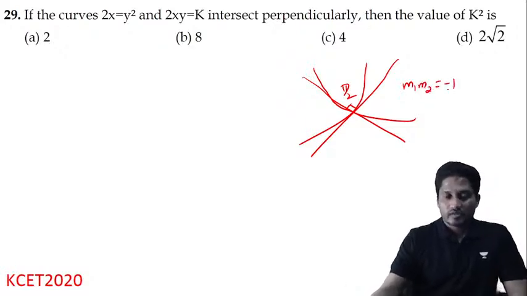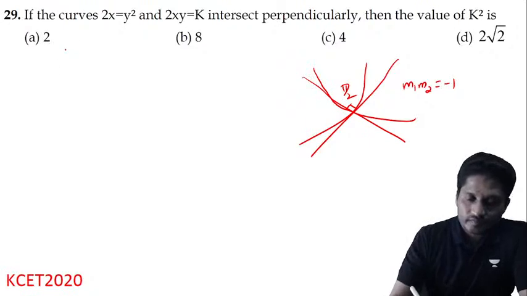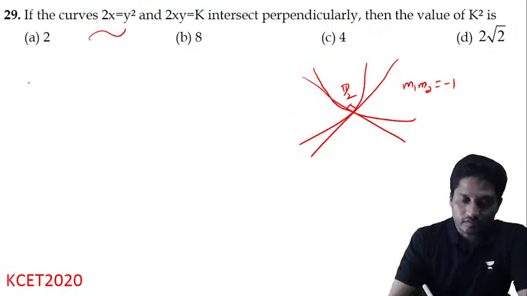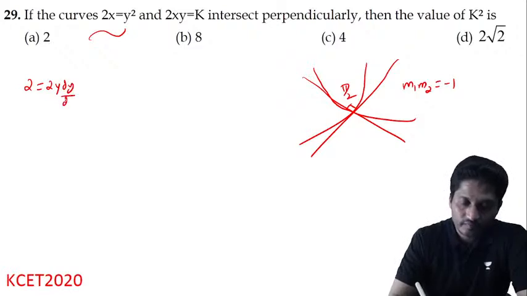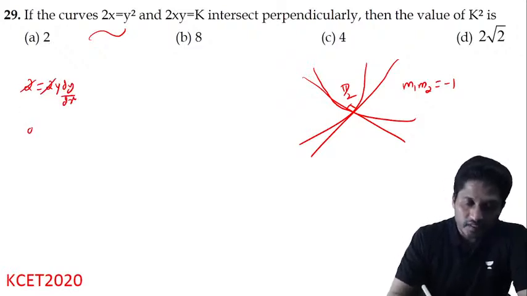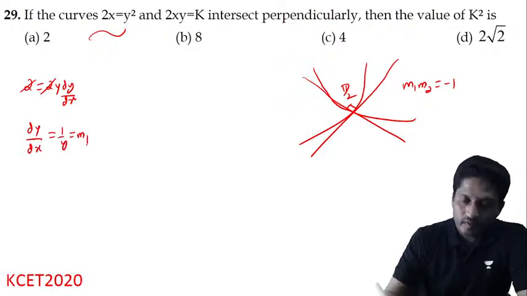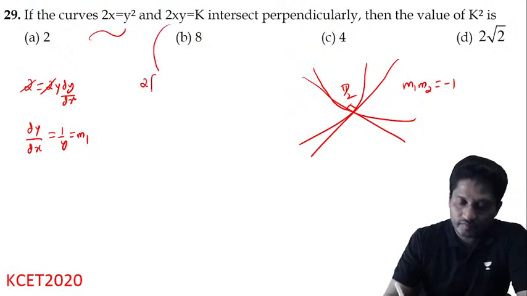Is it not? So if I differentiate the first curve, differentiation of 2x is 2, differentiation of y square is 2y into dy by dx. This will cancel, dy by dx is equal to 1 by y. So this is m1. If I differentiate this, first function is x, differentiation of y is dy by dx, plus second function y is equal to k.